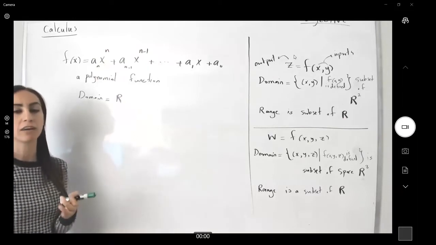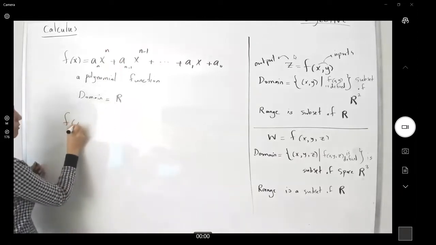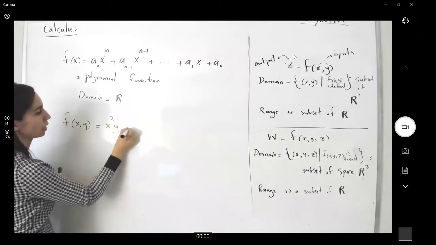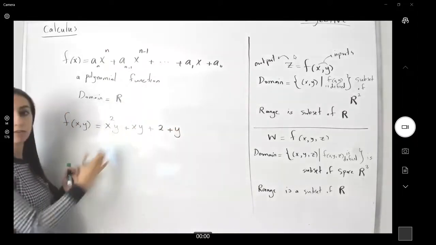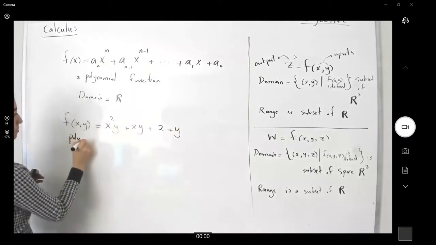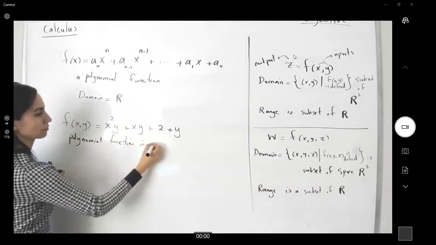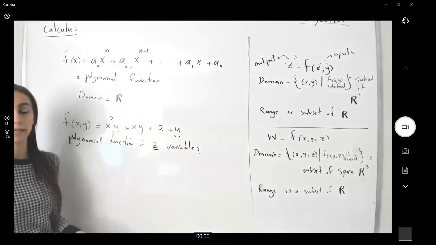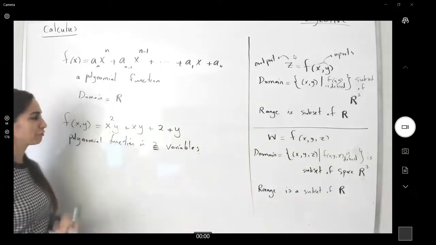Well, what if we have a polynomial function in 2 variables, like this function, f of x and y, be like x squared y plus x y plus 2 plus, I don't know, y. If you have a polynomial function in two variables, then again, you are allowed to plug in any number that you like for this function.